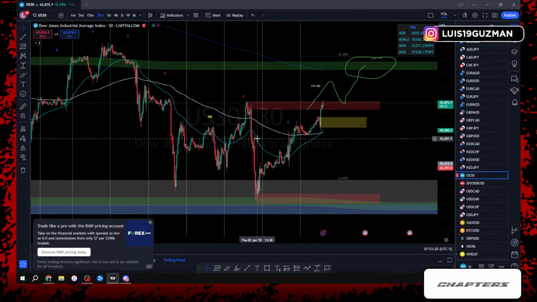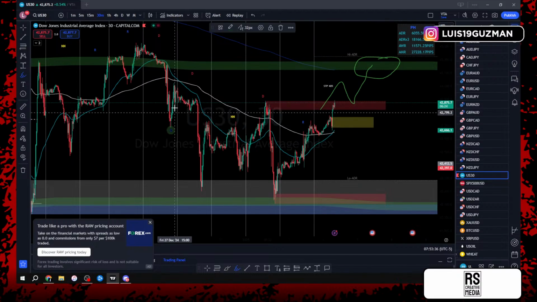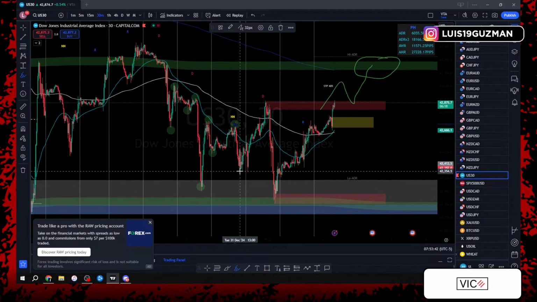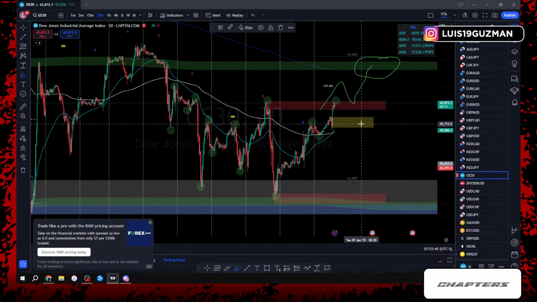But it's not that it doesn't look good. It's not that it's a bad pair. It's just a lot of people will be looking at US 30 and they'll think that they're trading lower low, lower high, higher low, lower high, lower low, higher low, and so on, and this is incorrect, right?